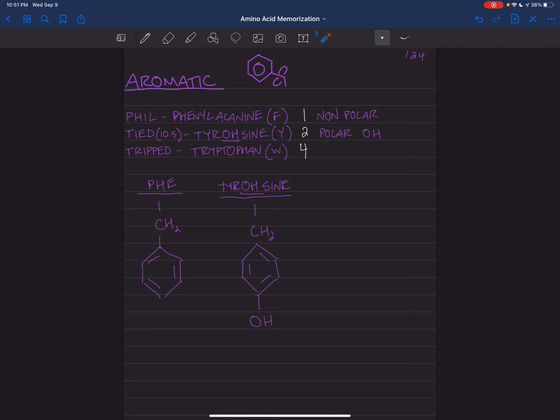absolutely sucks, all right? Tryptophan is your boss battle here and is very complicated. I'm going to see if I can draw it from memory. Tryptophan, this guy. Okay, what he's going to do is he's going to knock this wheel that we have so nicely in phenylalanine and tyrosine, and he's going to knock it on its side.